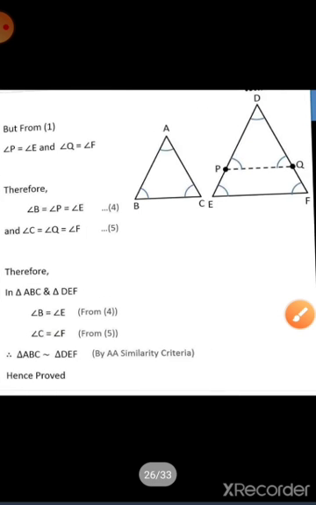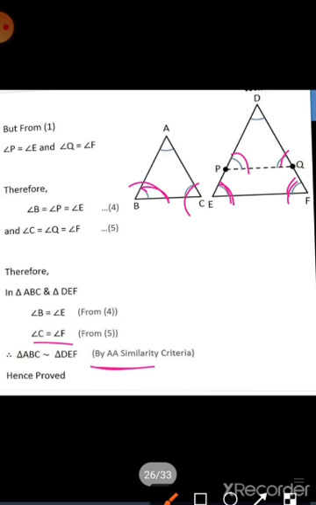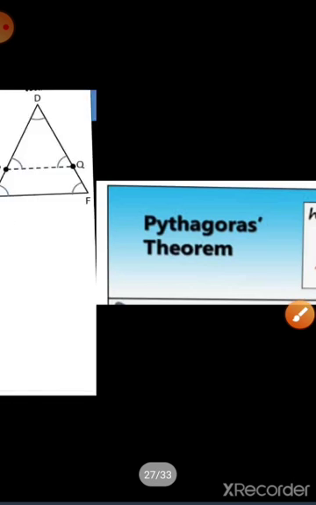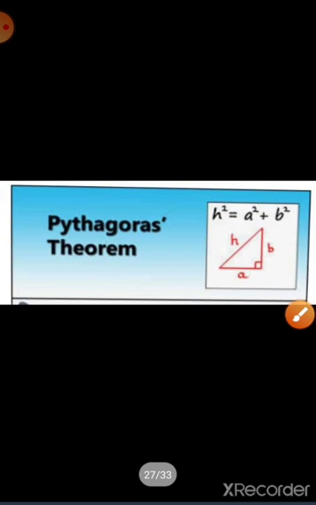But from the earlier result we got that these angles are equal. So, angle B will be equal to angle E and angle C will be equal to angle F. So, we have proved that all the three angles are equal. By angle similarity, triangle ABC is similar to triangle DEF. And then the next theorem is Pythagoras theorem.